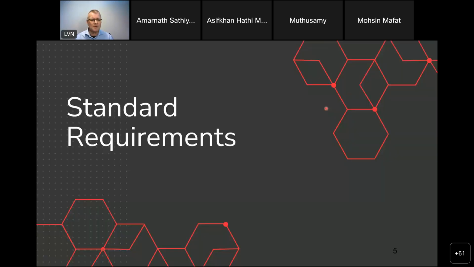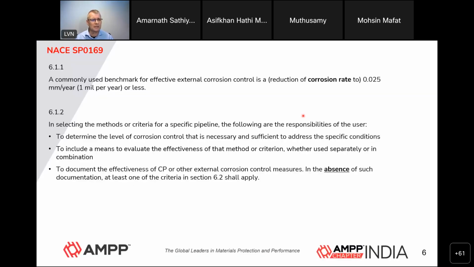So about standard requirements, we do know, all of us, that NACE SP0169 is the NACE or AMPP standard on general cathodic protection for buried pipelines.